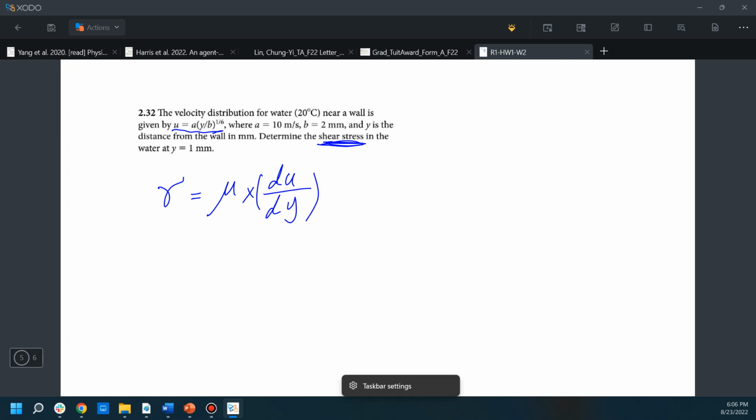And for the viscosity mu here, we can use table 8.5 to find the viscosity for the water at 20 degrees Celsius. Here I will just give you this constant value: mu is equal to 1 times 10 to the power of minus 3 in SI units.